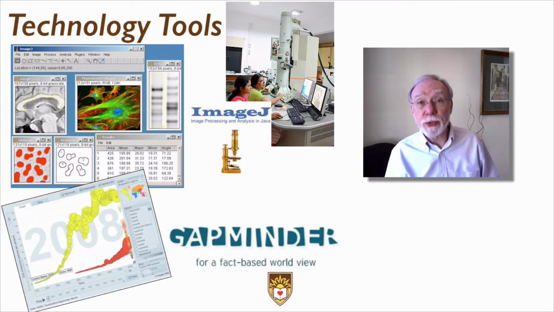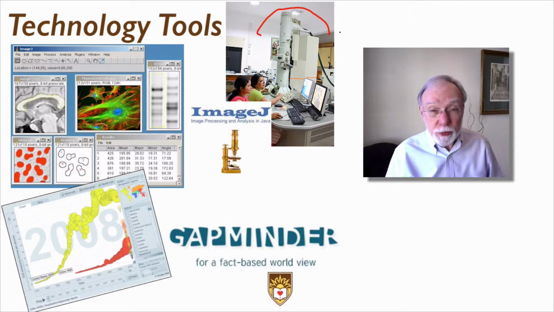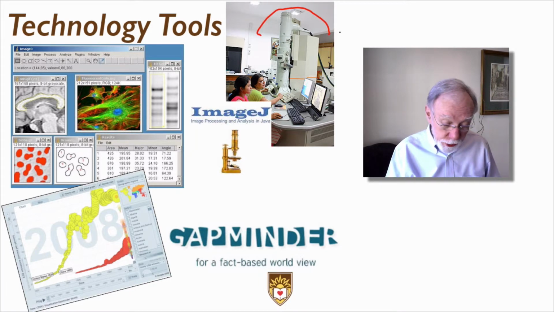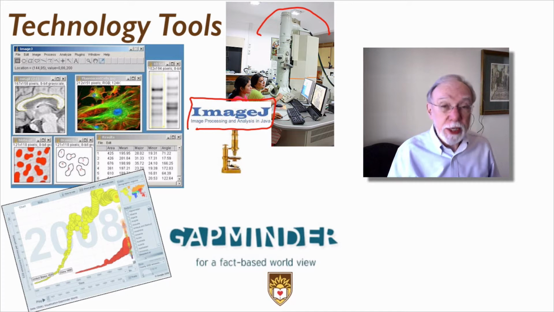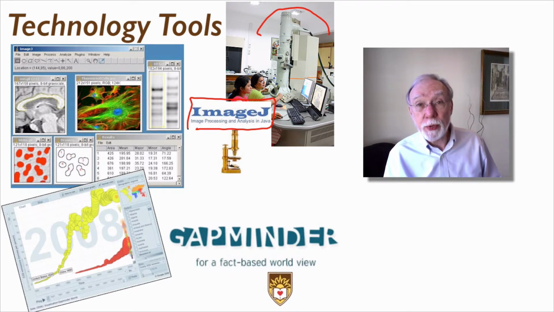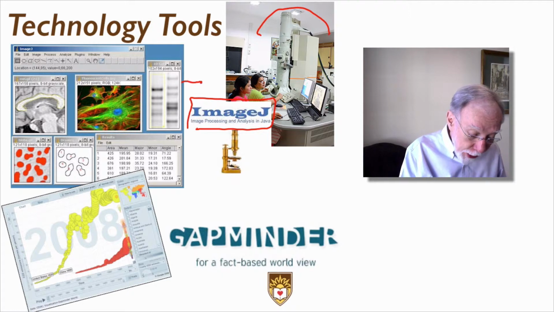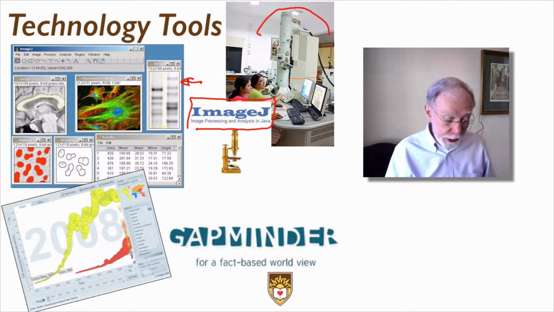Some of the technology tools we use for this are the electron microscope. Of course, that's expensive and big, and you may not have one. But any image that comes from a microscope can be analyzed with the ImageJ program, a free program from the National Institutes of Health. And this is a screen showing some of the capabilities and windows in ImageJ.